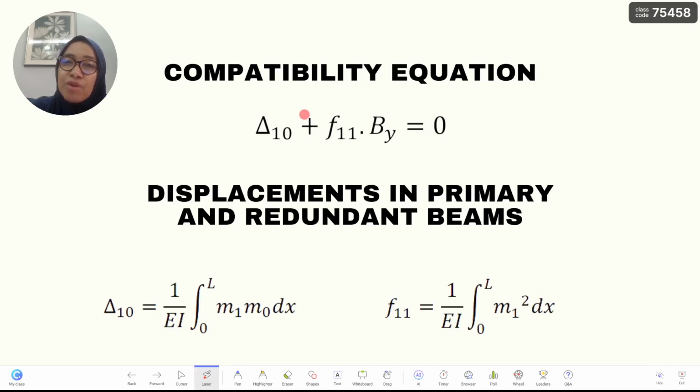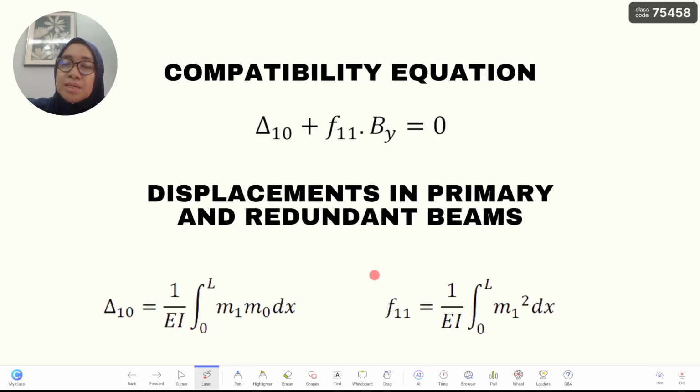We identify it from the symbol F that we use. F is displacement in the redundant system. So there are two displacements, delta 1 naught and F11. One belongs to the primary system, and the other is the redundant system.